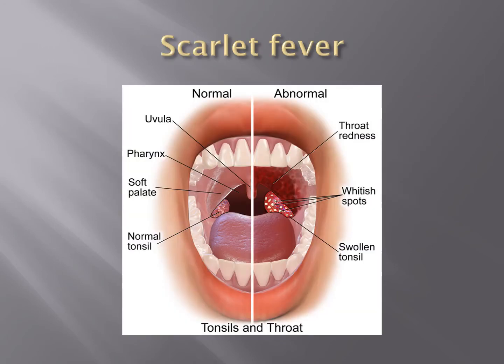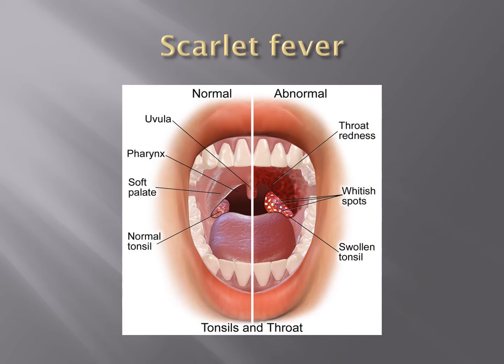Scarlet fever is caused by a type of group A strep that produces a toxin, and then you shed that through your skin, and then you get the rash. Those that are most at risk for developing this are between 5 and 15 years of age. It is highly contagious, and it is spread through respiratory droplets.